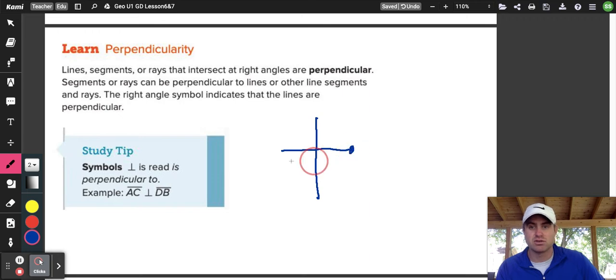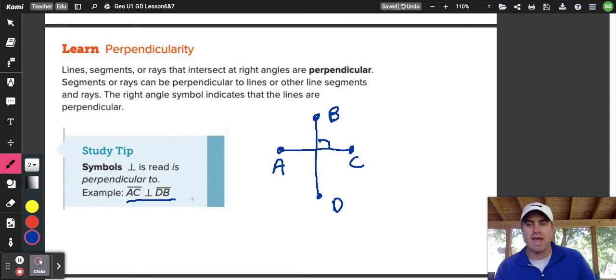Let's call these two segments AC and DB. These segments are perpendicular if and only if they form a right angle. This is the symbol we would use: AC is perpendicular to DB.